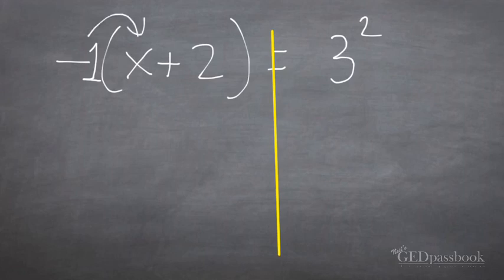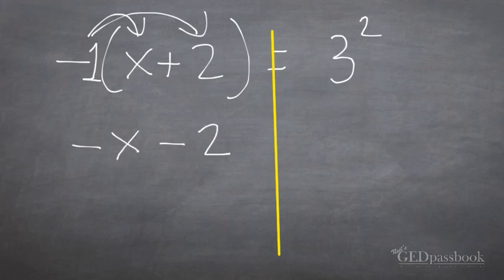We distribute out the 1, which, yes, comes out to be almost the exact same thing, except as negative 1 times x is negative 1x. Negative 1 times positive 2 is negative 2. So that side is done. Equals, what can we do on this side?